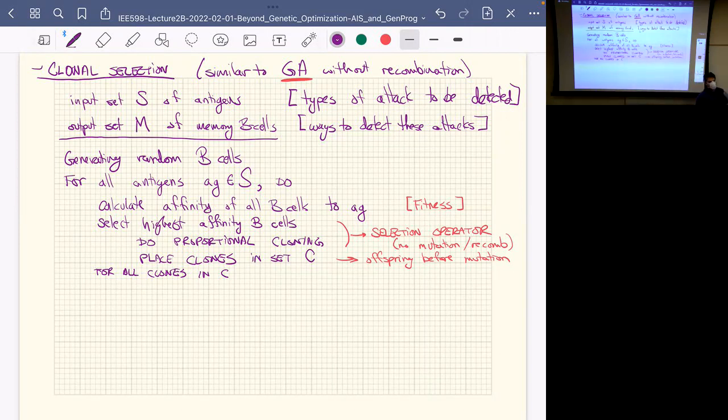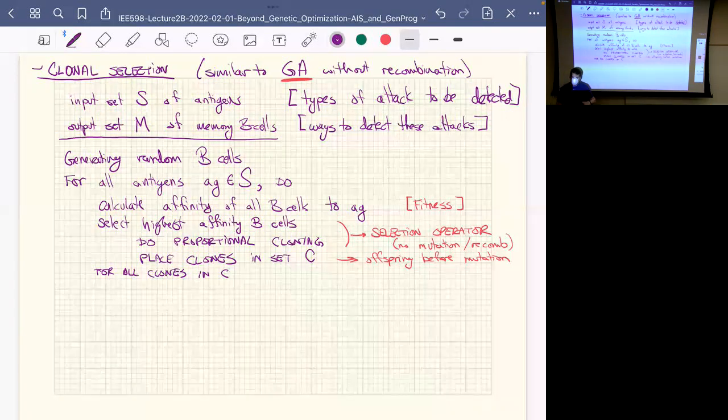So if they're already a really good match, we don't mutate them. If they're a really poor match, we mutate them with a high rate. And so that helps us keep sort of a version of elitism where it keeps the high performing ones in the population and it flushes the lower performing ones out.